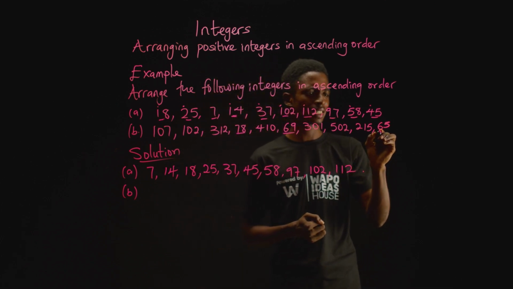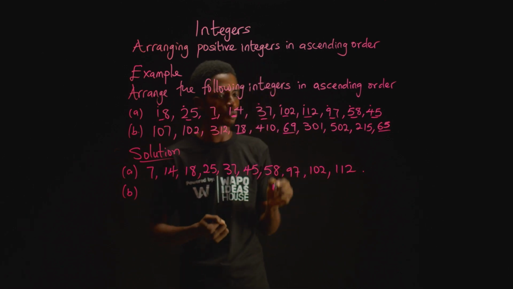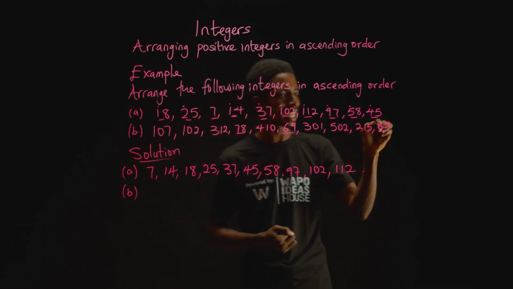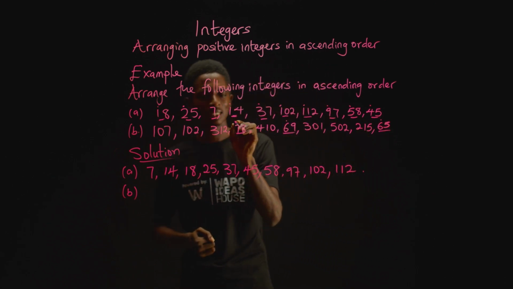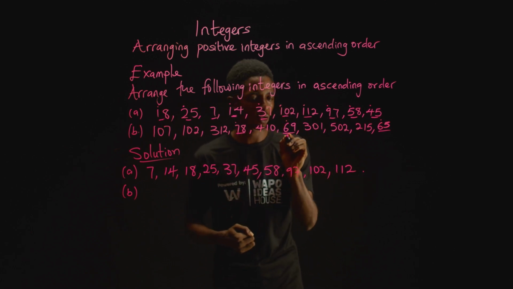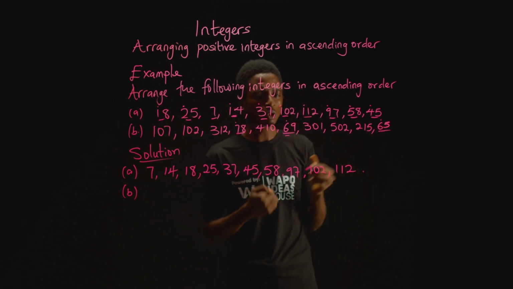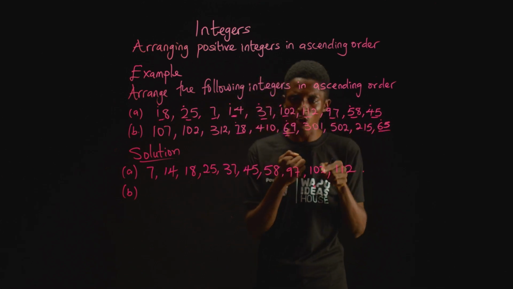69, and 65. And to consider which one comes first, we look at the digit that falls in the tens place value. Here we have 6, 6, and 7. And 6 comes before the number 7. So we have to consider these two first. Which one comes first? Since they are both 6, we consider the number that comes next.